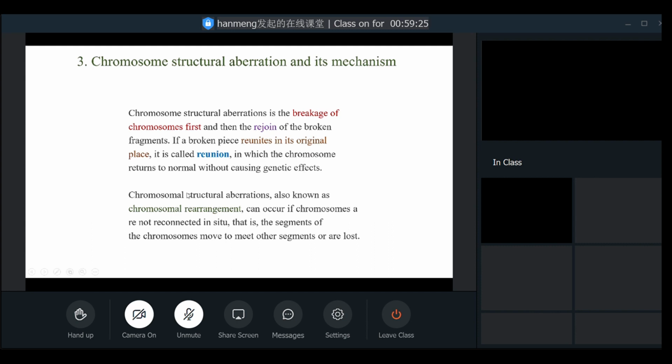But if the segments of the chromosome move to join other segments or are lost, then it will cause chromosome structure aberration. This is also known as chromosome rearrangement. It occurs if a chromosome is not restituted or rejoined in situ.